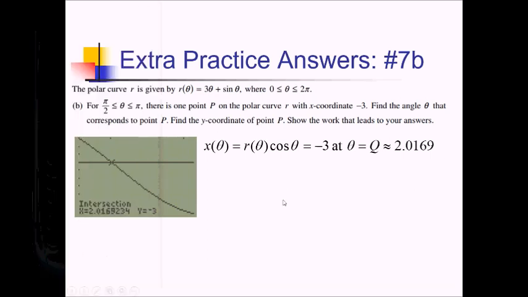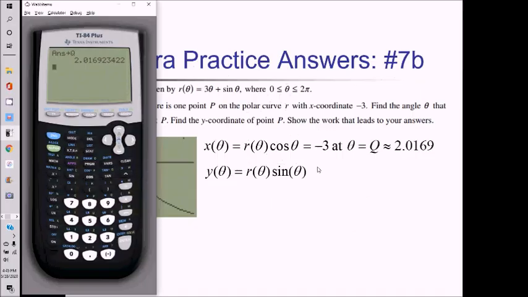Okay, so they also wanted to know the y-coordinate at point P. Well, I have the angle at point P. To get the y-coordinate, we can say y of theta is going to be r of theta times sine of theta. So I just need to do now y of Q. So for that, I'm going to go back to my calculator.